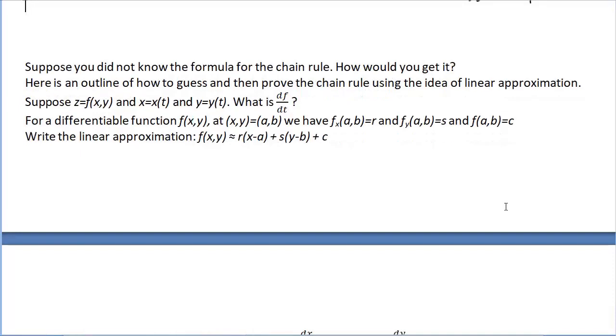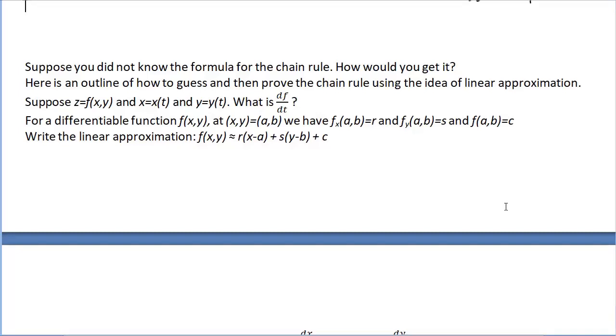Now we can write down the linear approximation for our function. At our point, the linear approximation for f is r times (x minus a) plus s times (y minus b) plus c. As long as we put the plus c in front, it doesn't matter.